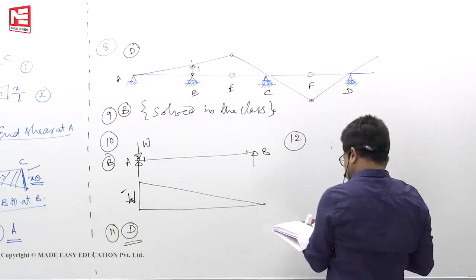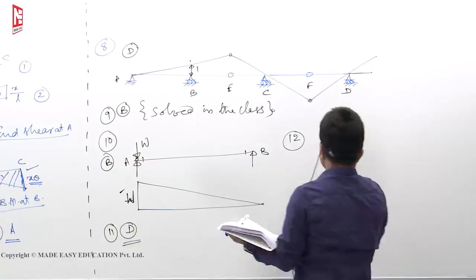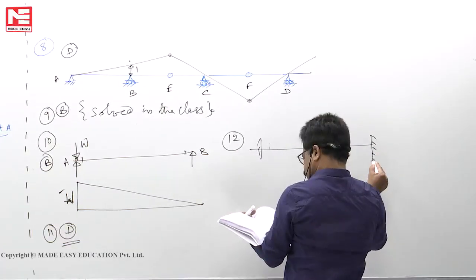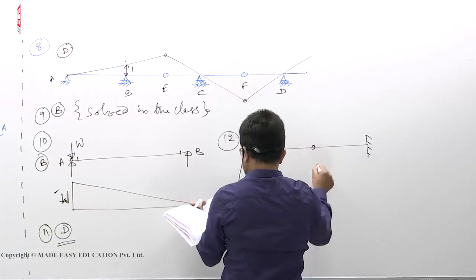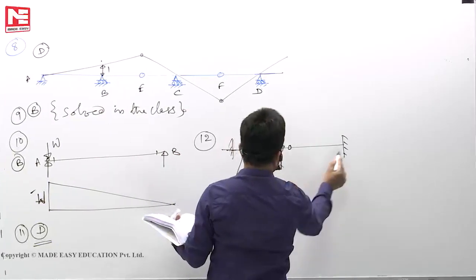For the fixed beam shown in figure below, ILD for bending moment at the midspan. This I solved in the class. Assume a hinge, he has pulled it down. So this deflected shape will be something like this.